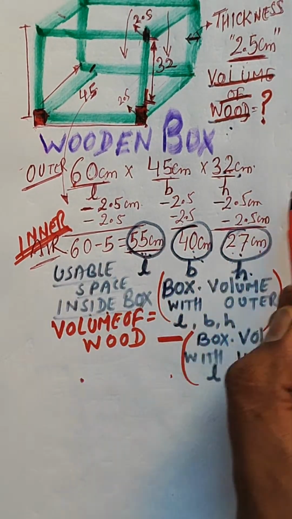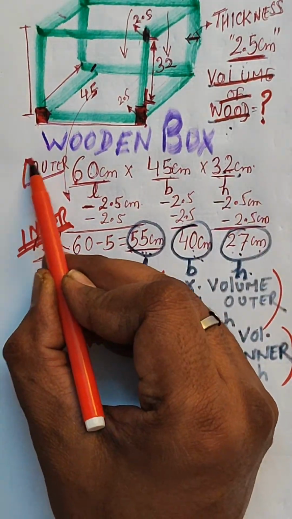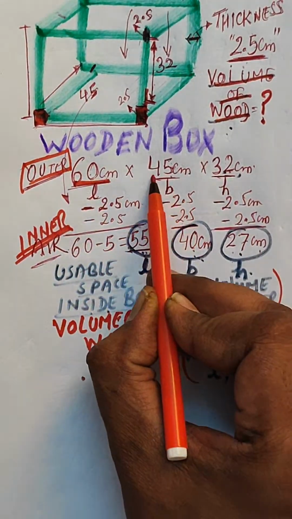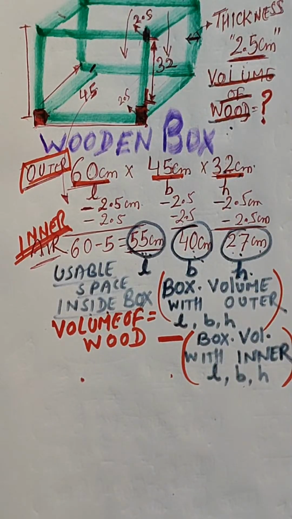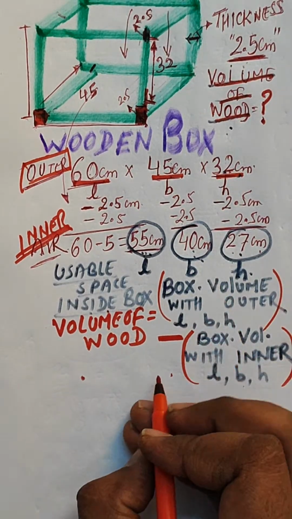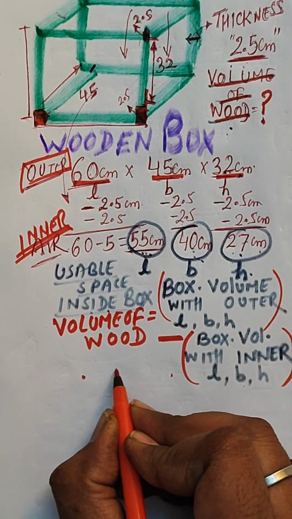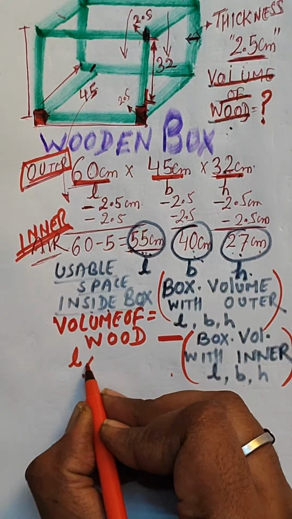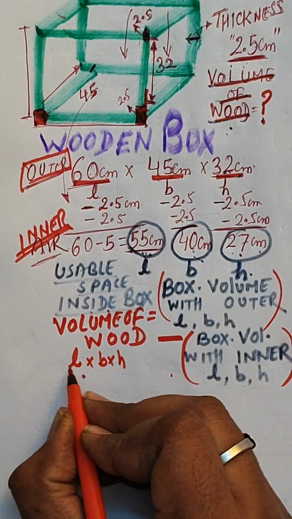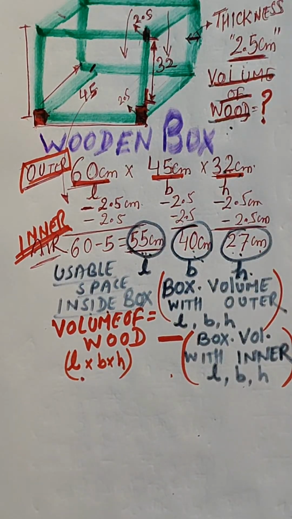You will get what is required to be calculated, right? So the outer dimension was 60, 45 and 32, right? So the volume of the cube, we know, is equal to L into B into H. We know the formula, right?